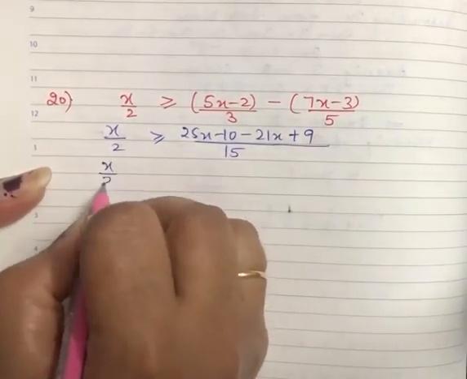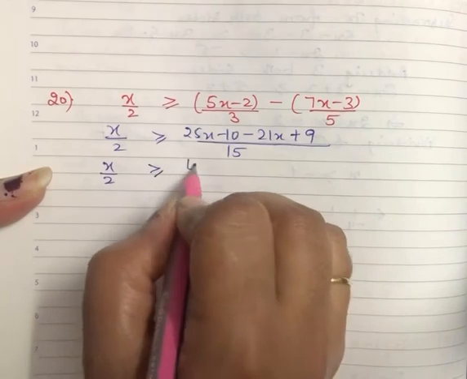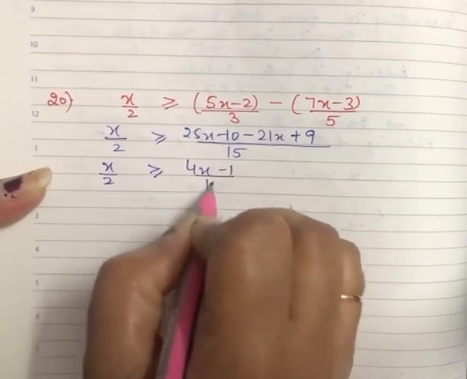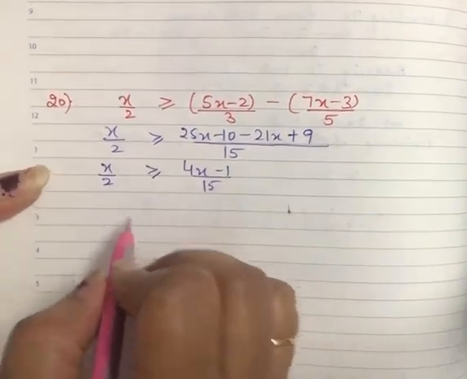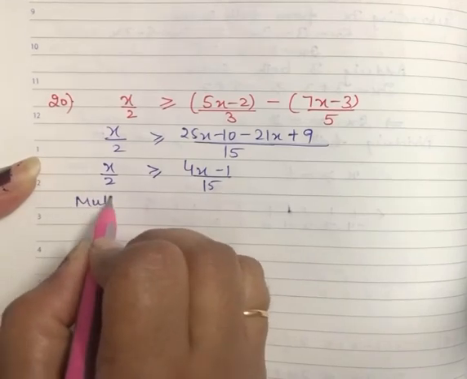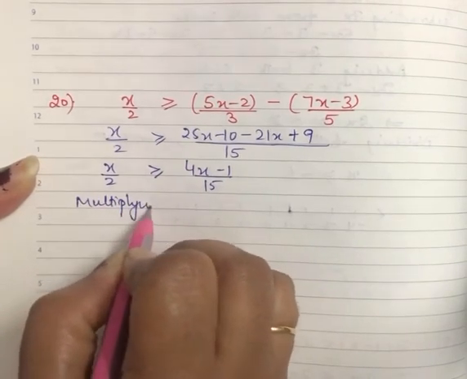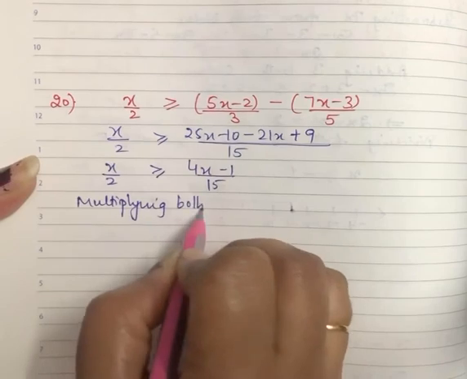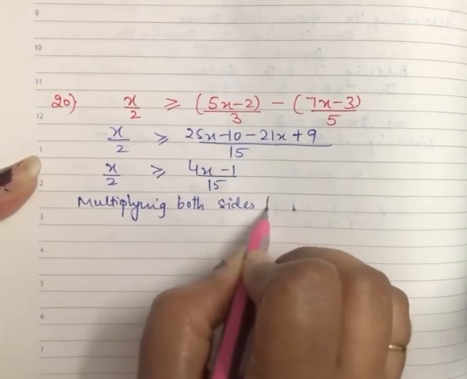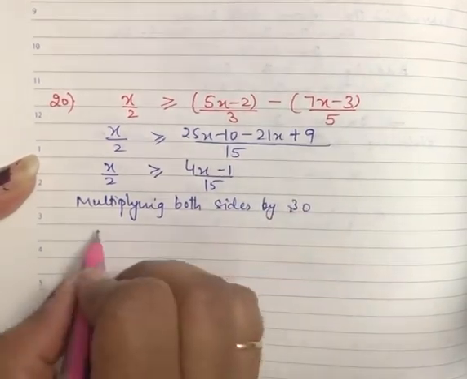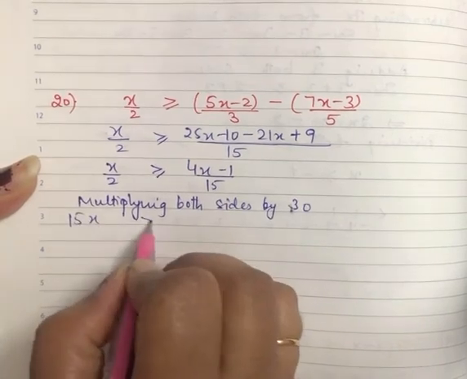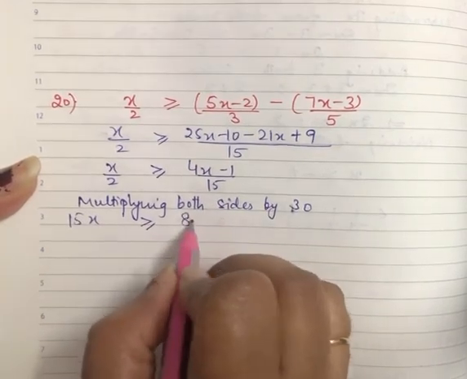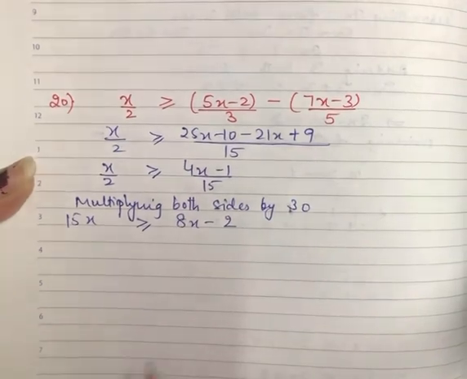So we are left with x by 2 greater than equal to 4x minus 1 by 15. Again we multiply both sides by 30, what we get? 15x greater than equal to 8x minus 2.